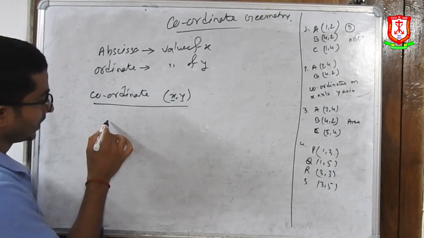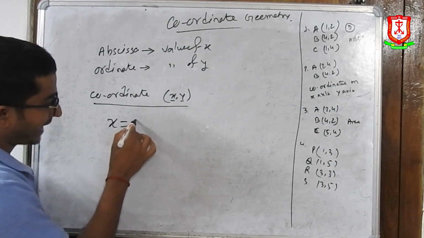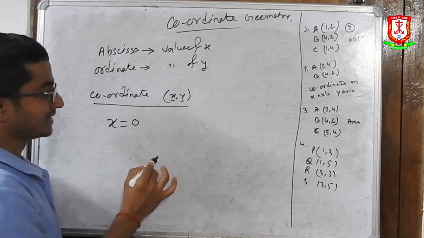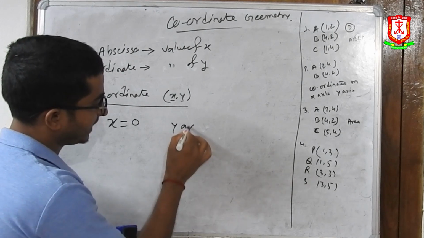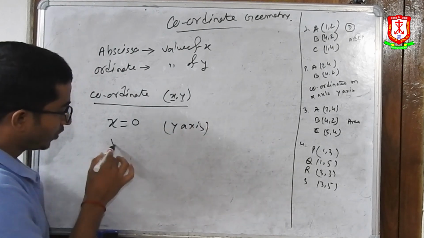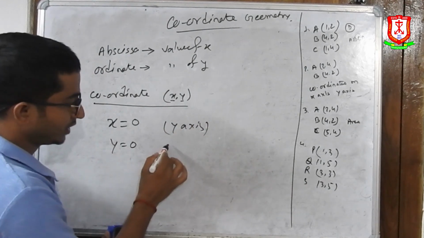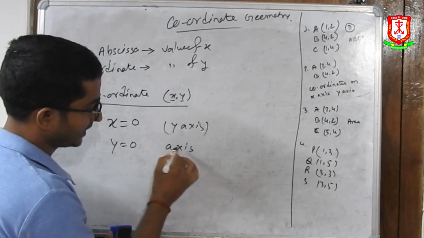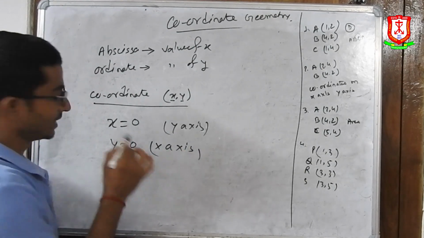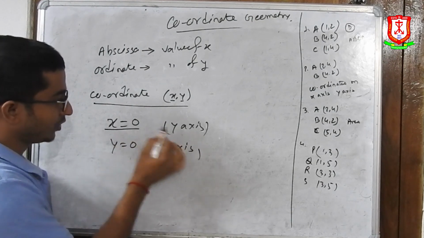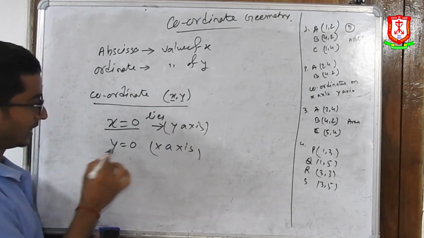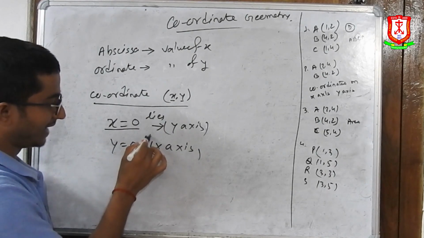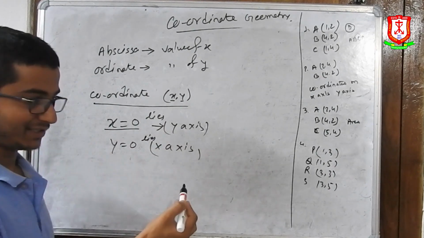Then what do we see? If the value of x is 0, which axis is it? It is the y-axis. When the value of y equals 0, which axis is it? That is the x-axis. It means when the value of x is 0, it lies on the y-axis, and when the value of y is 0, it lies on the x-axis.